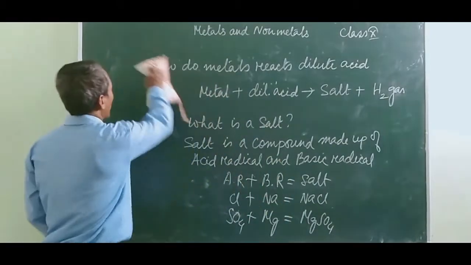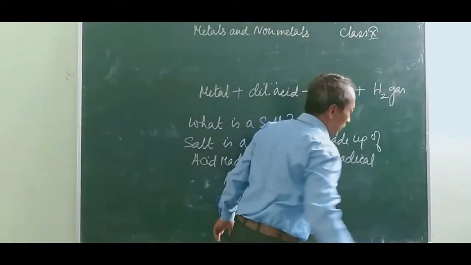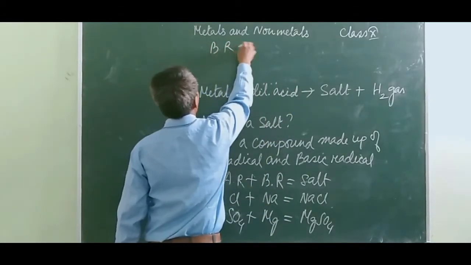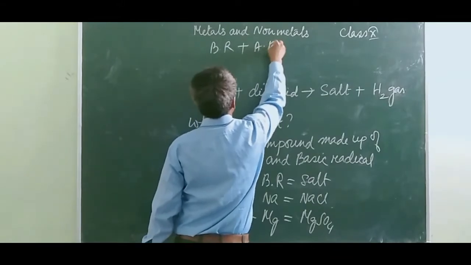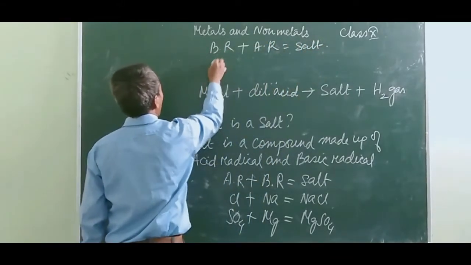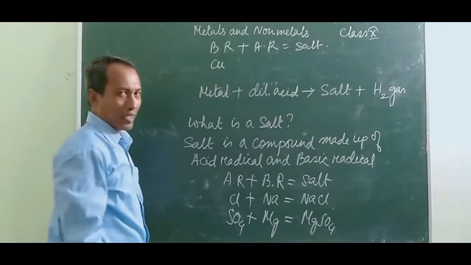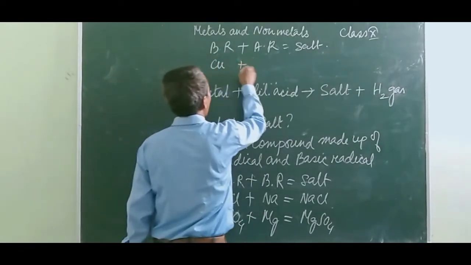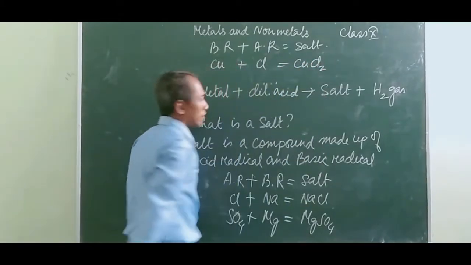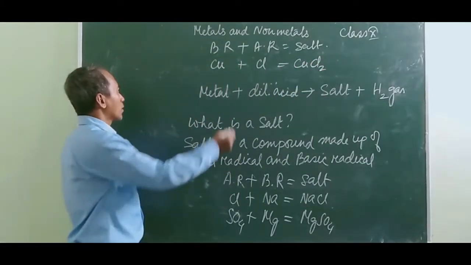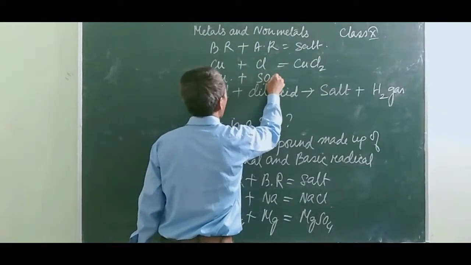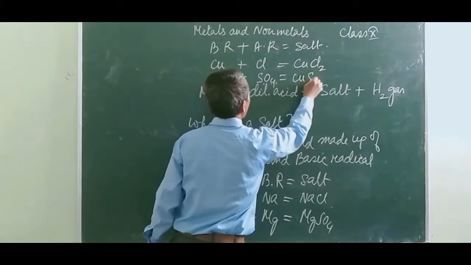Another example of salt: basic radical copper and acid radical chloride. So copper chloride is a salt. Likewise, copper sulfate: basic radical copper, acid radical sulfate. So copper sulfate is a salt.